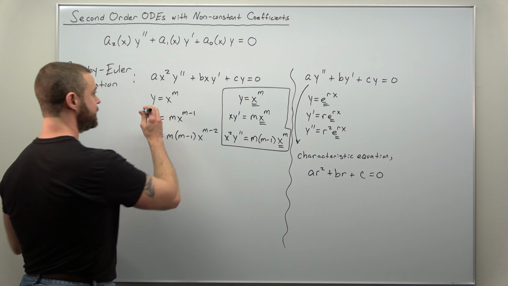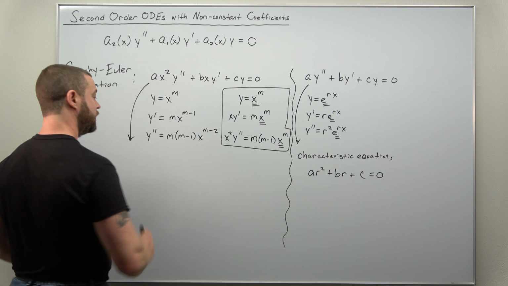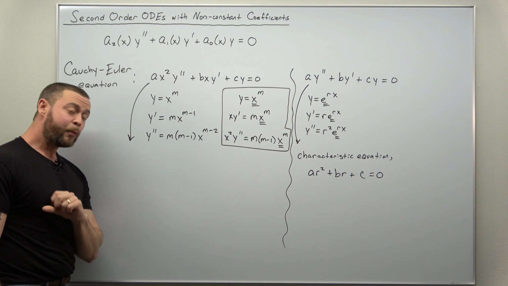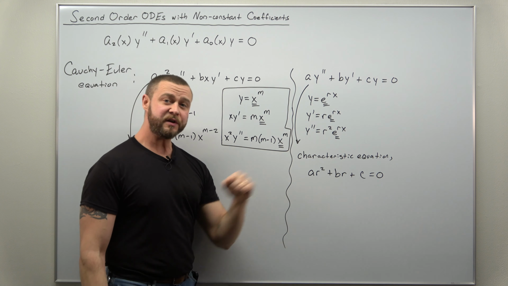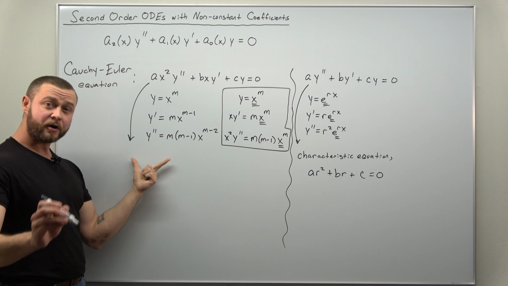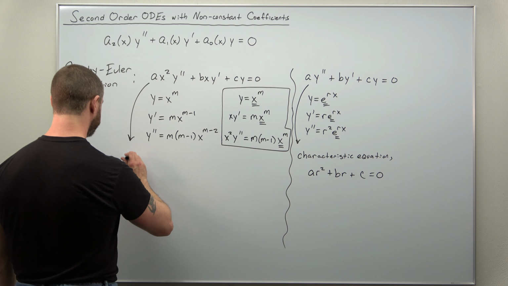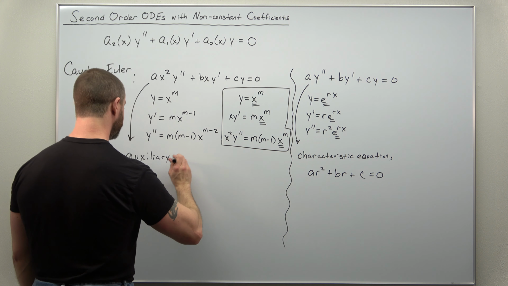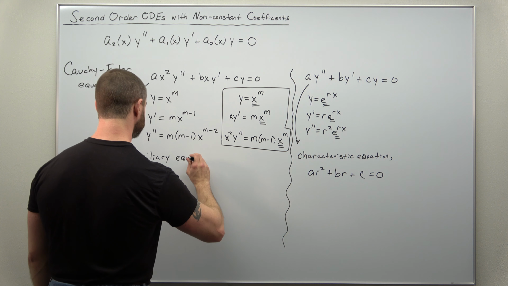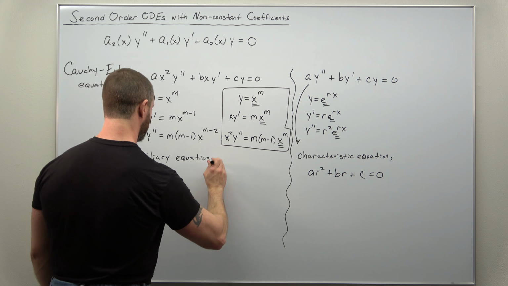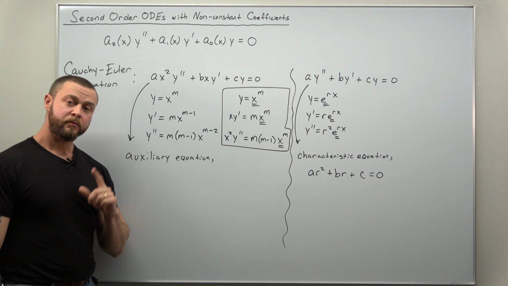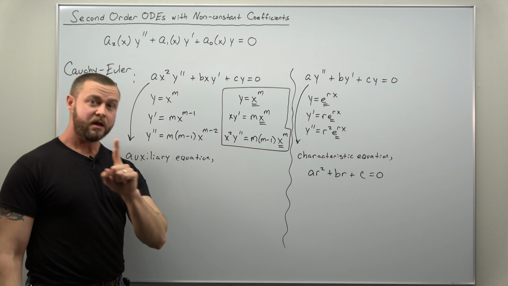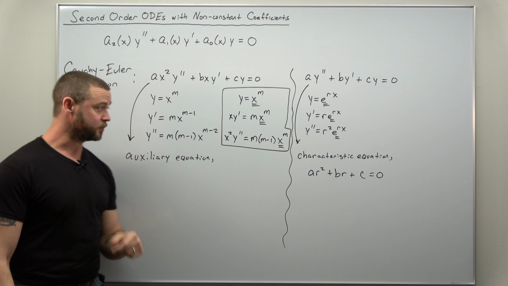So if we plug in, this converts now to something that we're going to call not the characteristic equation, but for a Cauchy-Euler equation, this converts to what's usually called the auxiliary equation. So we're going to plug these in, recognizing that we can factor out x to the m from all three terms.